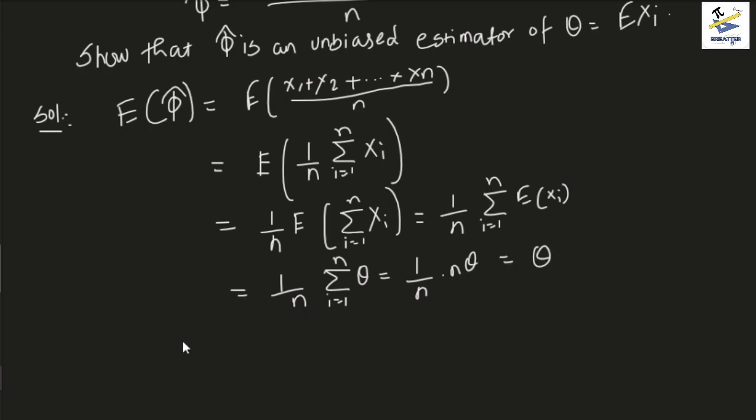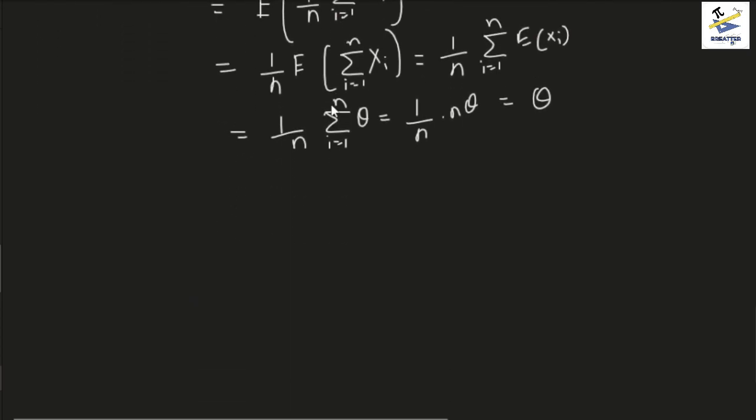Therefore, we see that E of phi cap is basically equal to theta, which means phi cap is an unbiased estimator of theta, and the problem is solved. This is how we solve these problems, and showing that something is an unbiased estimator specifically involves finding the expectation of the point estimator. This expectation may well involve some kind of integration or summation, which we have discussed before, and those are required.